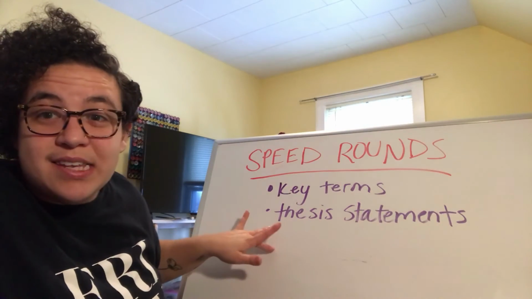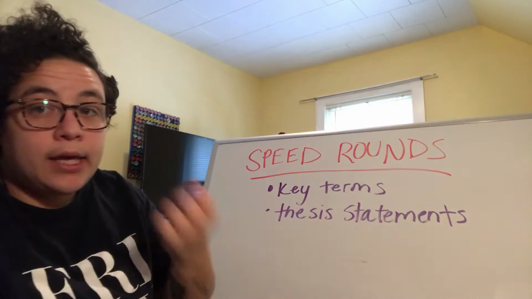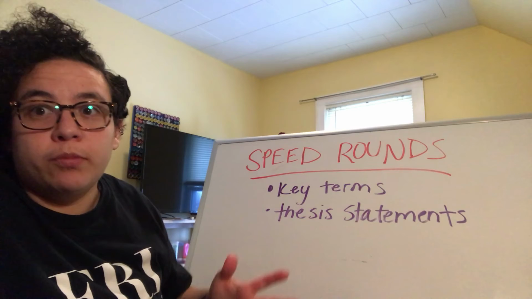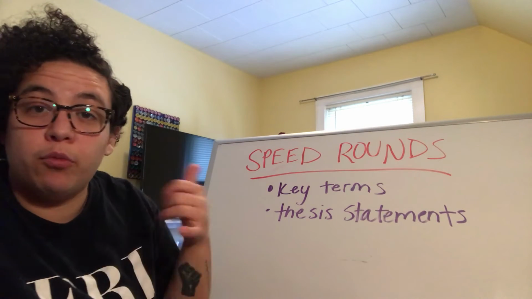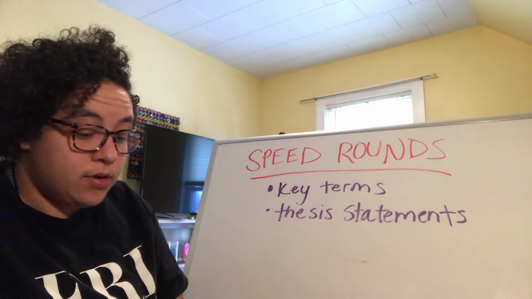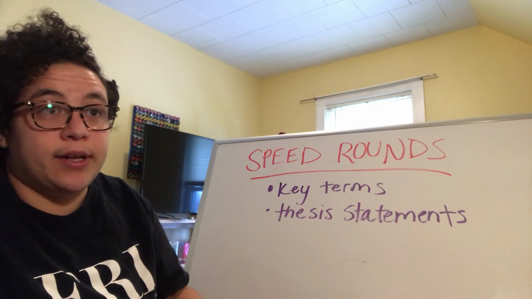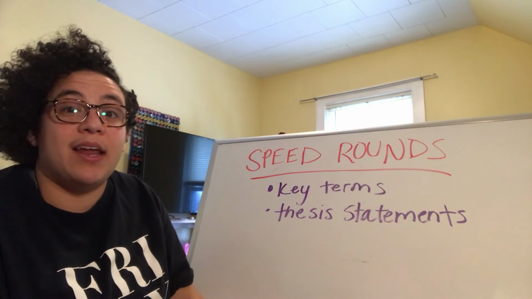Another thing you can do with thesis statements is also a speed round. You could get a practice prompt, set a timer for 1 minute or 2 minutes, something small, and you and a friend, or you and more than one friend, sit down, set the timer, and write your best thesis statement. Look at the question and quickly write a thesis statement that you would write if you were to write that essay.